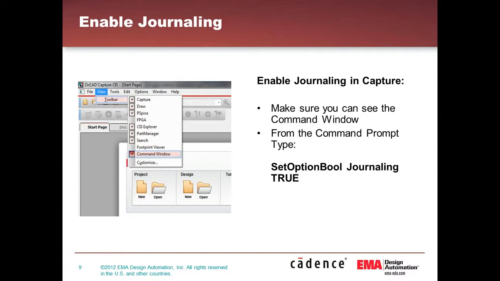With the command window launched in Capture, you will need to type the following command on the command prompt. Basically what we are doing is just setting the option to journal to true. This command ensures that the journaling feature is enabled within the OrCAD Capture configuration file.